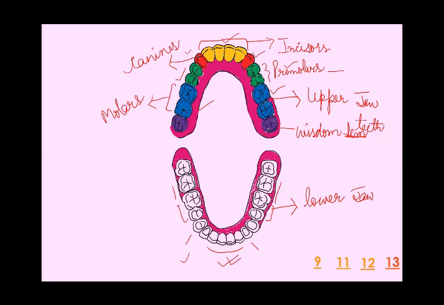So the position of these molars are between the wisdom teeth and the premolars. They lie between the wisdom teeth and the premolars.